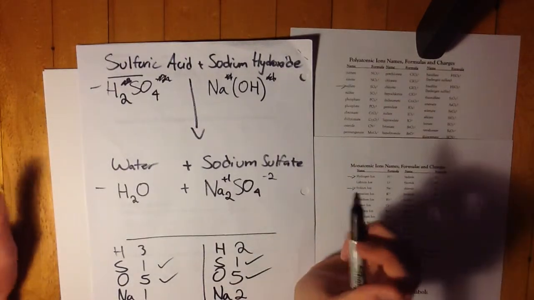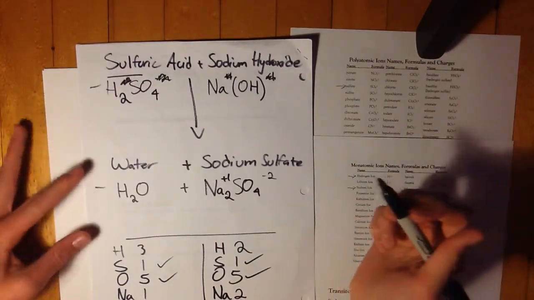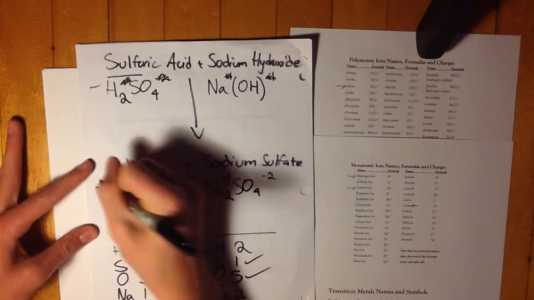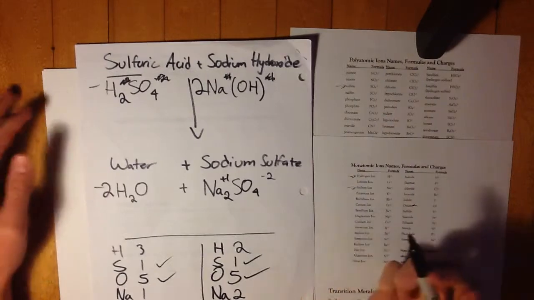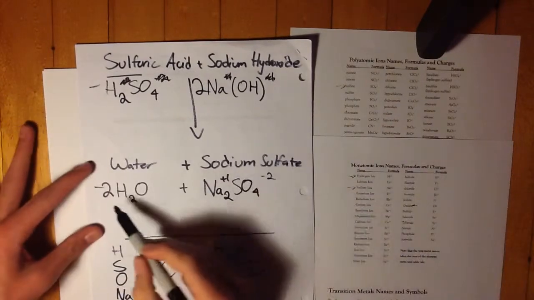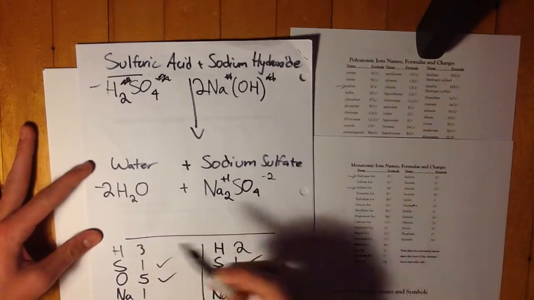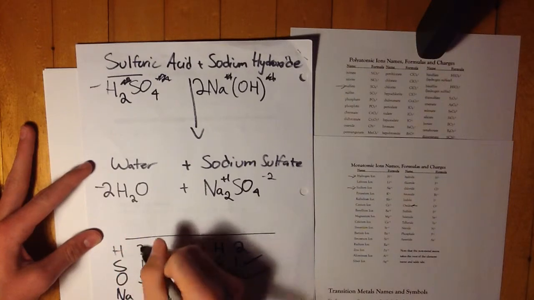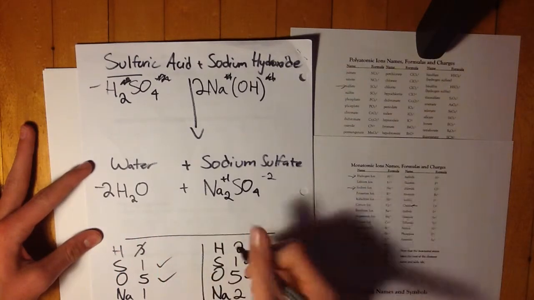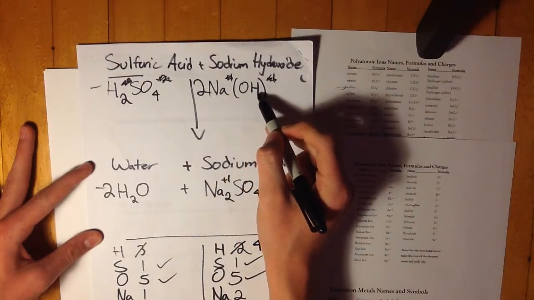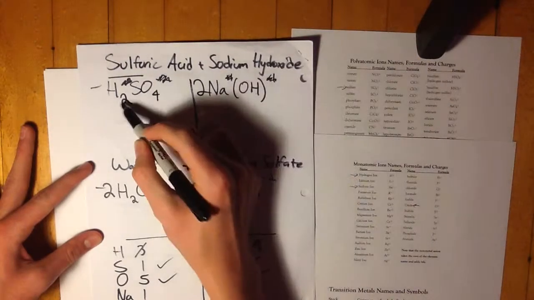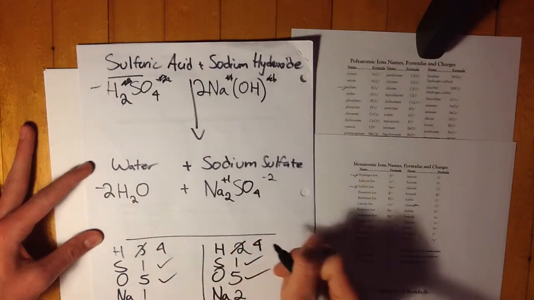To balance this out is quite simple. All we have to do is add 2 waters and 2 sodium hydroxides. Now we have 4 hydrogens at the end, and we have 4 at the beginning.